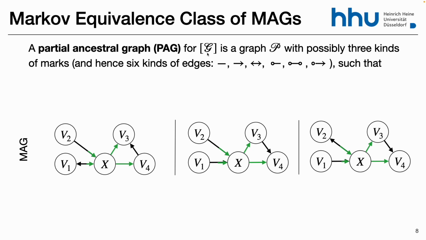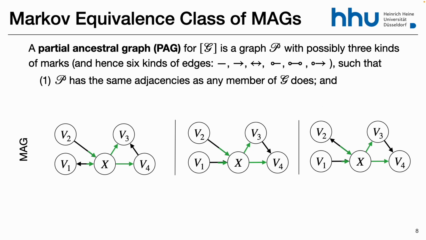G is any graph, and the bracket means the equivalence class of G. It's a notation that we sometimes write. It's a graph with different edges, and there are 6 types of edges: undirected, directed, bidirected, but also those with the circles.